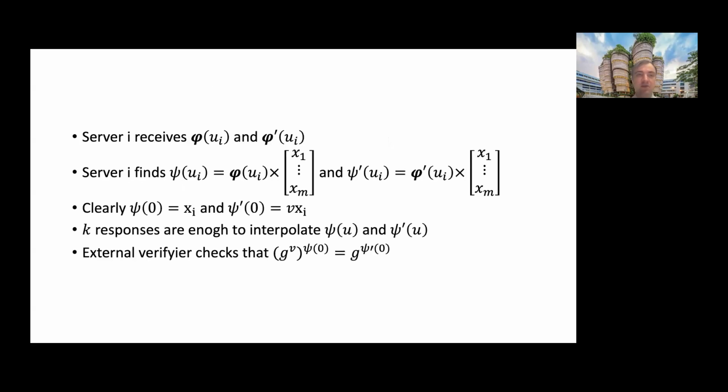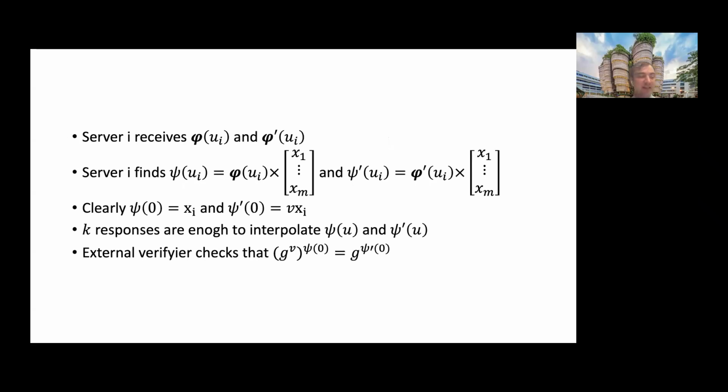Very simple. Server i, as before, receives psi in point ui and psi prime in point ui as queries, where ui is a point from the finite field assigned to a server, and psi and psi prime are curves which pass through the point ei and v times ei, where ei is the indicator vector of the file of interest.